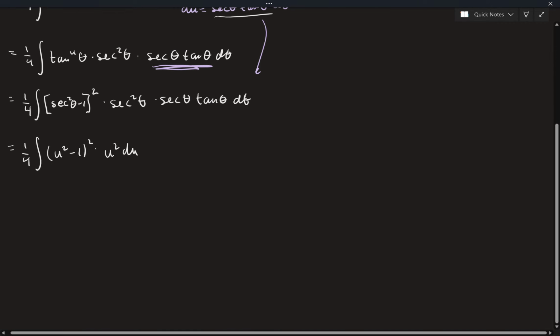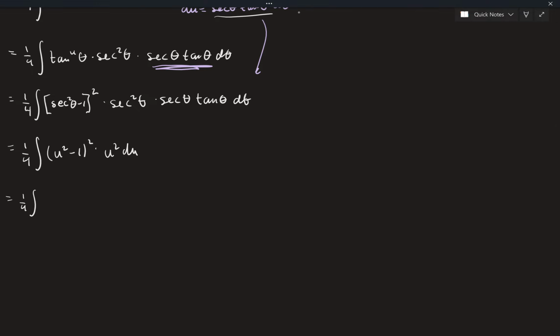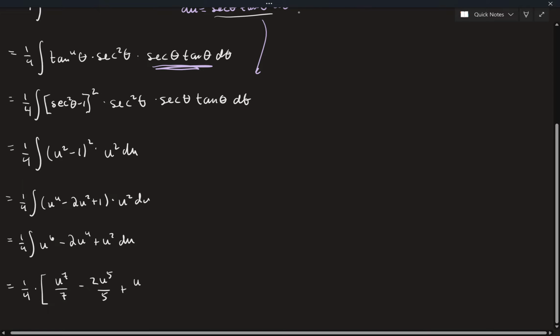Oh boy. Let's see what we can do with this. We're going to have to FOIL everything out. So, quarter integral u to the 4th minus 2u squared plus 1 times u squared. Then I get u to the 6th minus 2u to the 4th plus u squared. And now I've got no more integral sign, I'm going to just integrate. u to the 7th over 7 minus 2u to the 5th over 5 plus u cubed over 3 plus c.